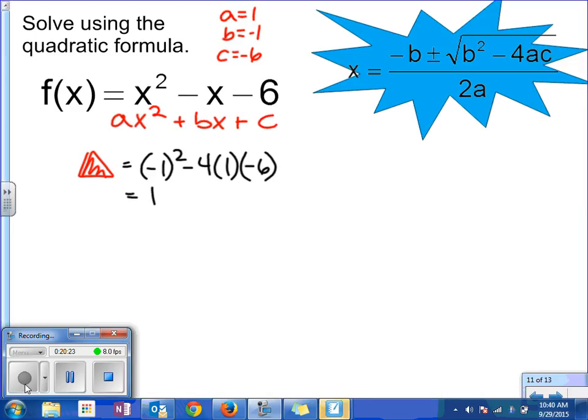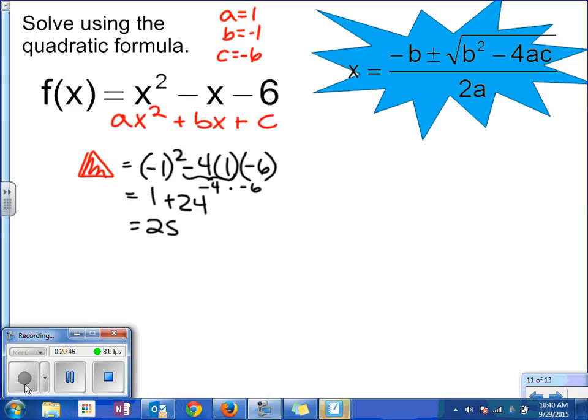Then you have to be really careful with your multiplication here. Negative 4 times 1 is negative 4. Negative 4 times negative 6 is now a positive 24. So this should be 1 plus 24, which is 25.